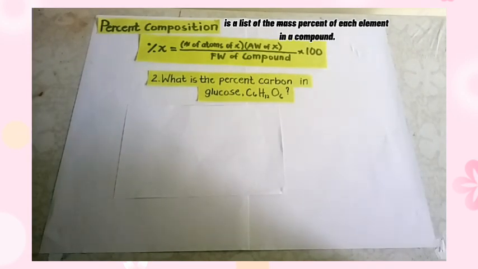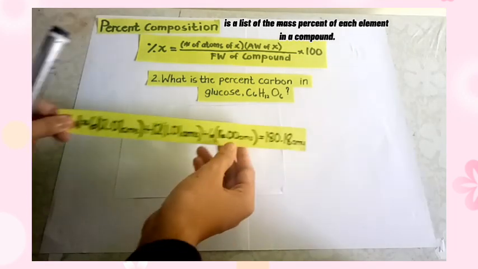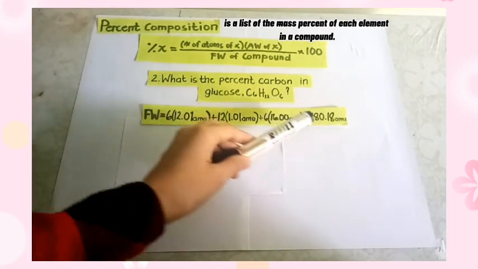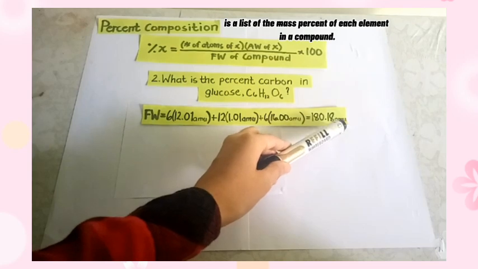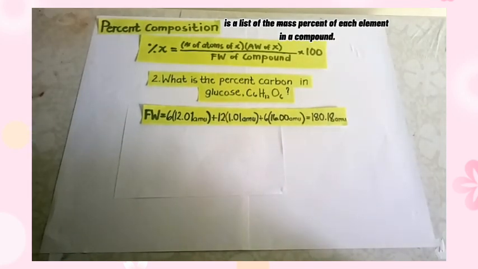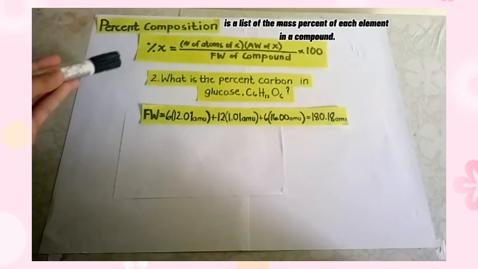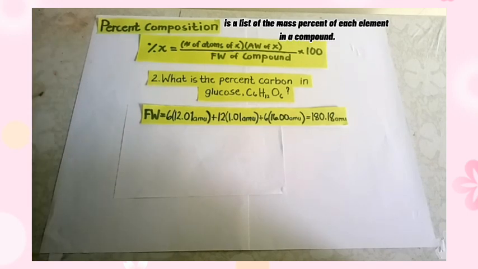We already got the formula weight of glucose in our previous discussion. So the formula weight of glucose is 180.18 atomic mass units. And now we are going to use this formula to get the percent of carbon in glucose.